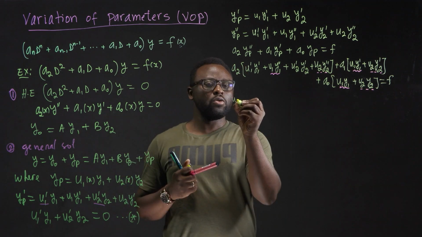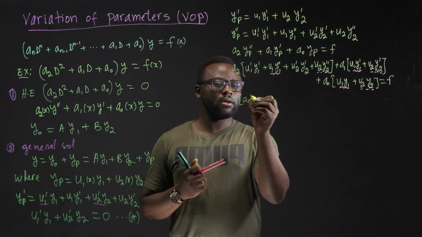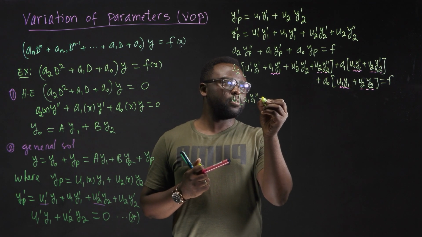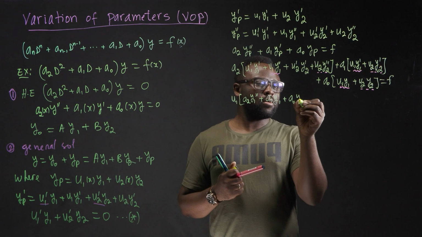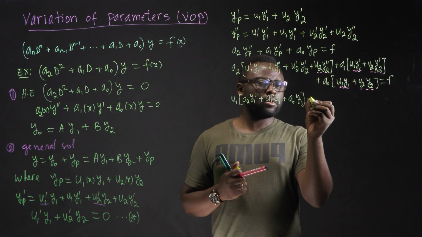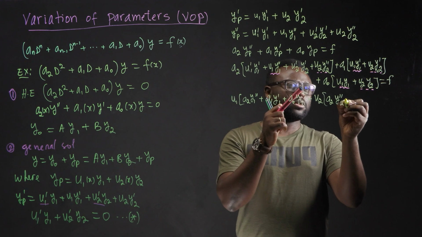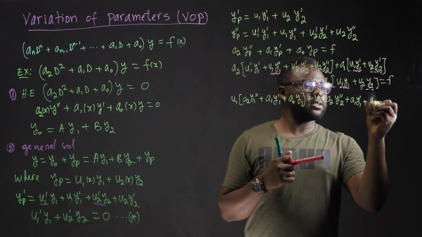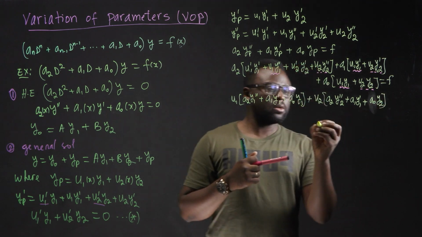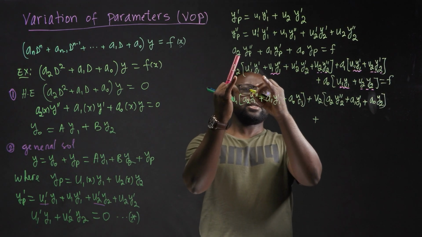This becomes u1 bracket a2 y1 second derivative plus a1 y1 prime plus a0 y1, plus u2 bracket a2 y2 second derivative plus a1 y2 prime plus a0 y2, plus, so we remain here with this term and this.